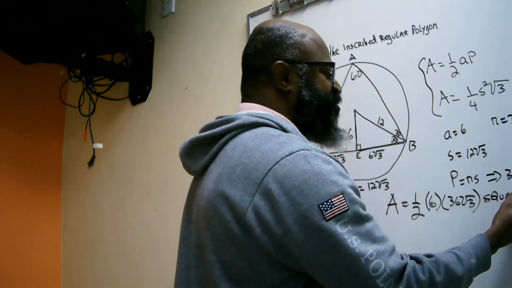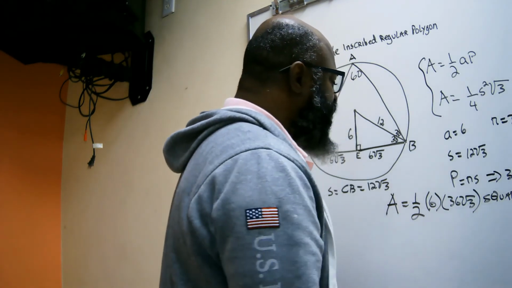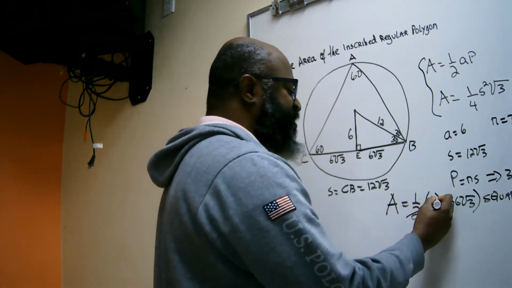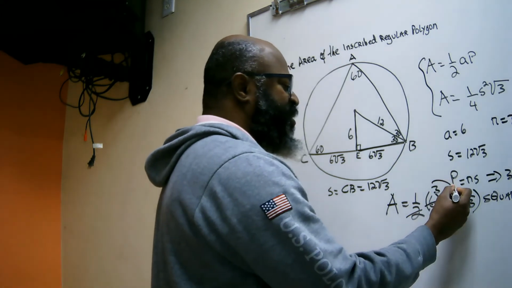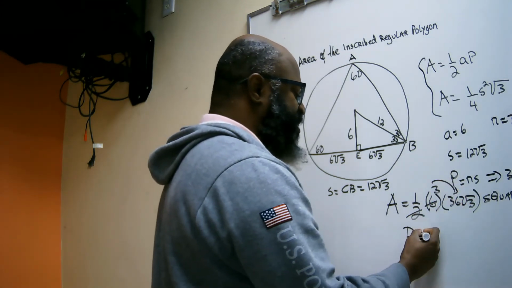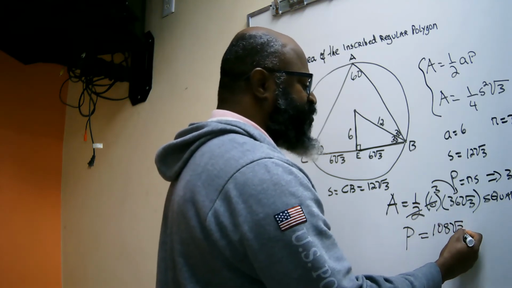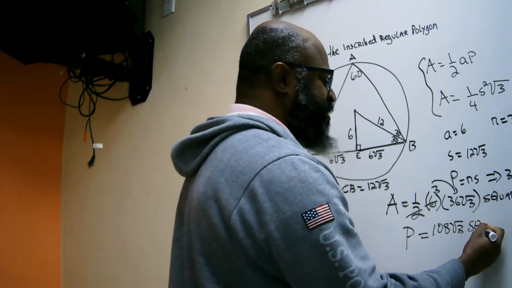So we just have to compute that and find the area. In this case, we're going to take half of 6, which is 3. 3 times 36, which is 108, times square root of 3 square unit. This is the area.